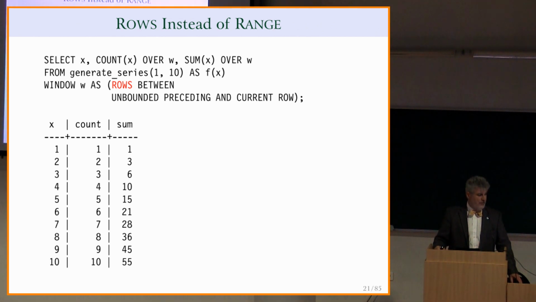Okay? First row plus second row plus third row is 6. First row, second row, third row plus fourth row is 10. Okay? All the way down until we hit 55, because 55, as we know, is 1 plus 1 all the way to 10. Okay? Kind of, at least it's consistent.